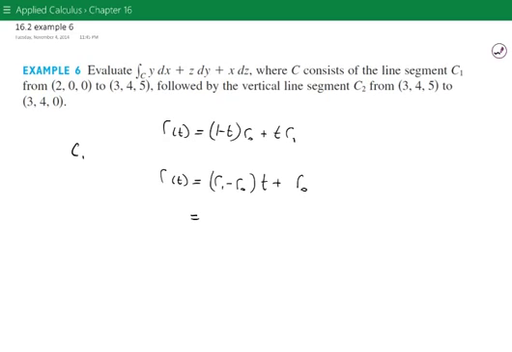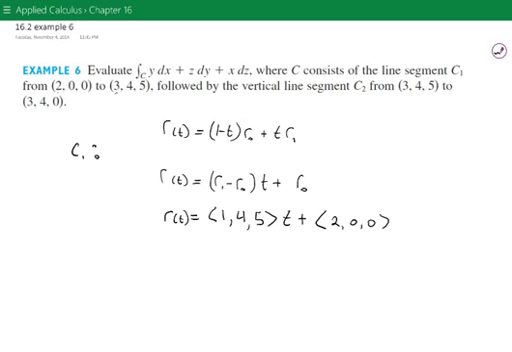So right now let's talk about C1. In this case, r1 is (3, 4, 5). So we'll have 3 minus 2, and that'll give us 1. And then we'll have 4 minus 0, and that'll give us 4. And then we'll have 5 minus 0, and that'll give us 5, times t plus the original point, which is (2, 0, 0).